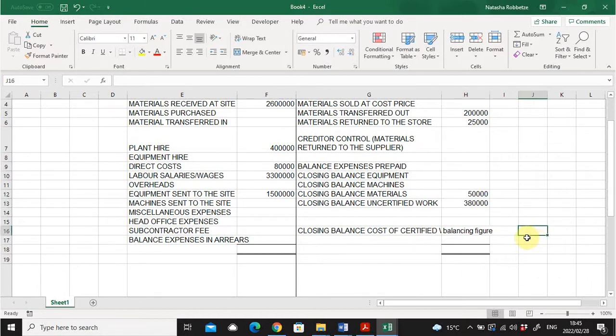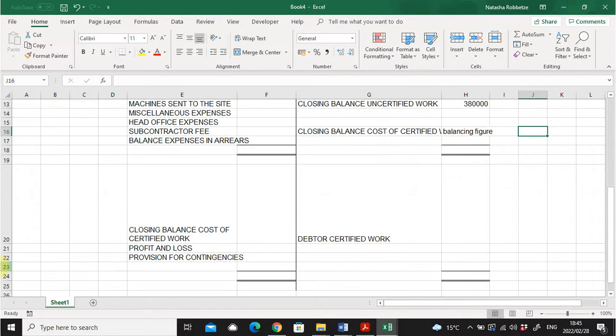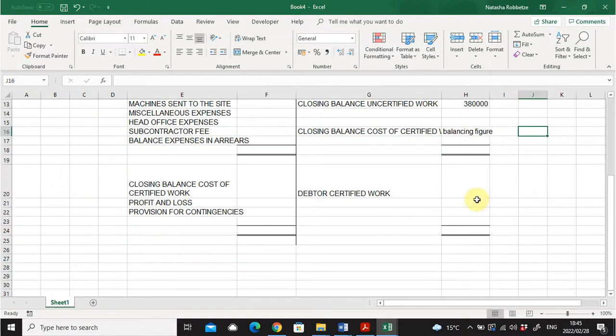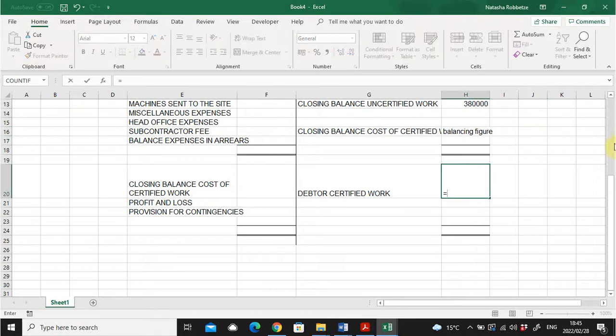Then we have cash received from the client. That will, of course, be the debtor part, the certified work by the debtor. Here, ladies and gents, we need to mind the retention rate. We need to divide by 1 minus the retention rate.